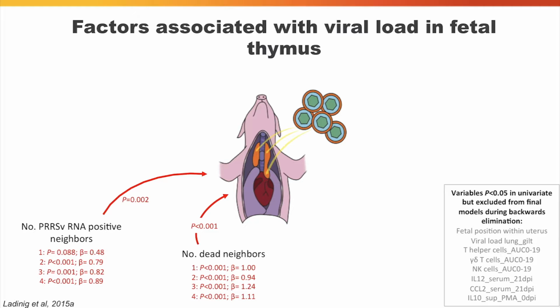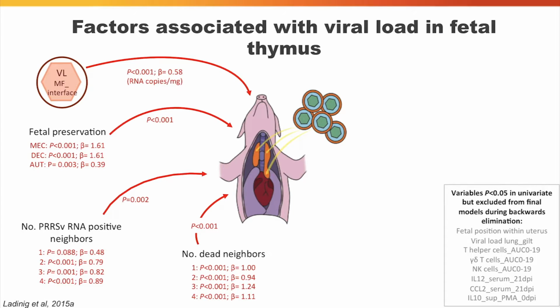Again, there are a number of factors associated with viral load. Firstly, what's happening to neighboring fetuses. The higher viral load in those fetuses exerts a positive impact, or I guess a negative impact, on a given fetus. The levels of virus in the maternal-fetal interface is correlated with the level of virus in the fetal thymus.